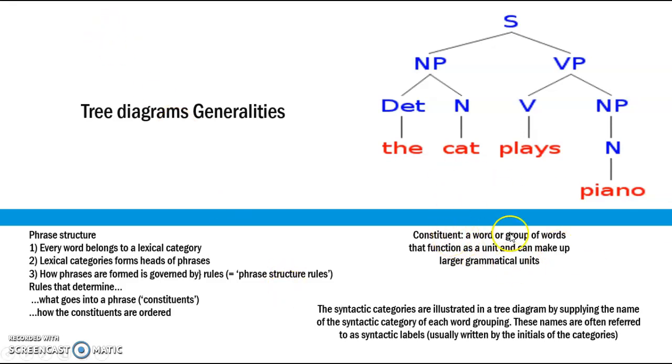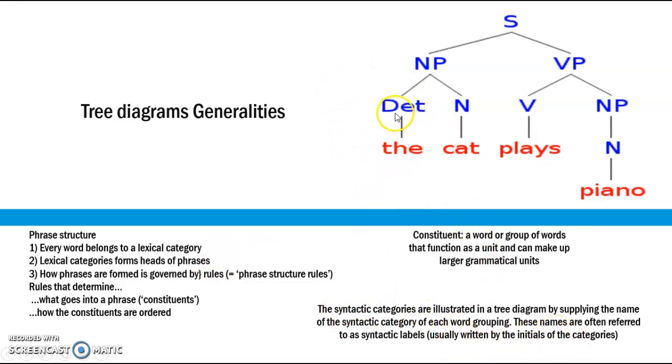And what is a constituent? It's a word or group of words that functions as a unit. Here, "the" and "cat" form a constituent that works as a noun phrase. Here, "place" is a verb that belongs to a verb phrase. So that is a constituent. In this syntax tree, we write down the name of the phrases first, and then the constituents of those phrases, labeling the categories using their initials.